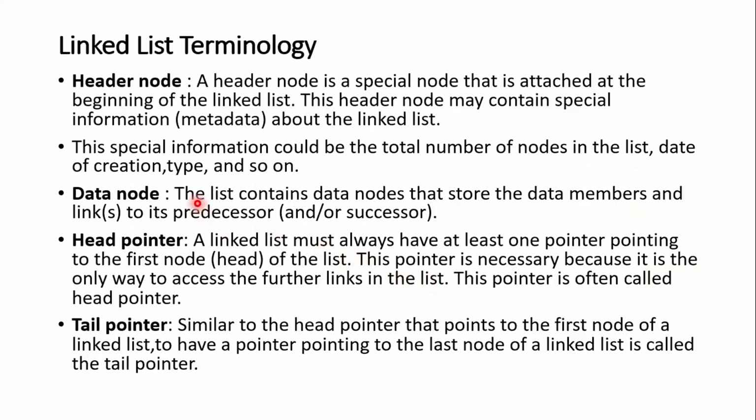See here. The list contains data nodes. So the linked list contains what? Data nodes that store the data members and links to its predecessor or successor. Why are we using the term predecessor or successor? Predecessor means the link of the previous element. Successor means the link of the next element.